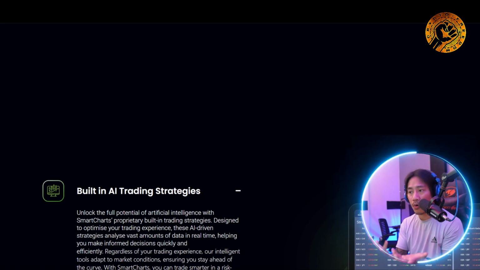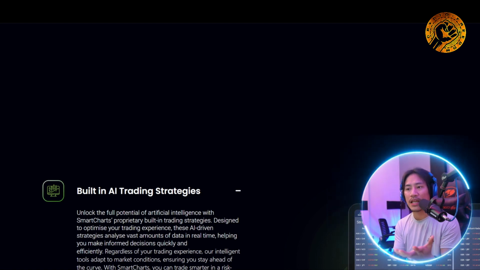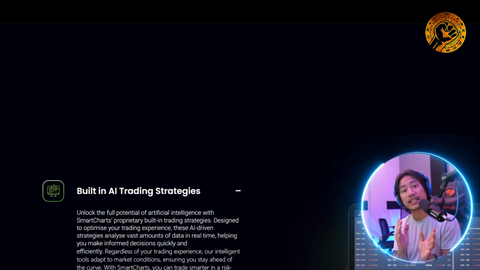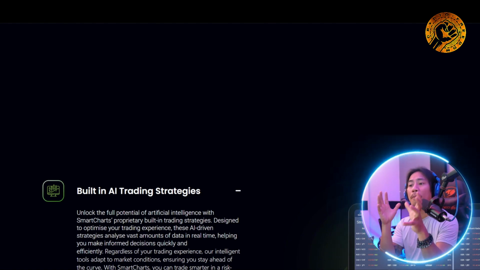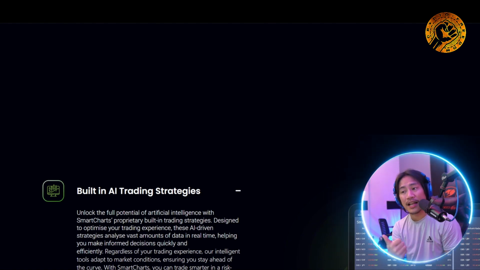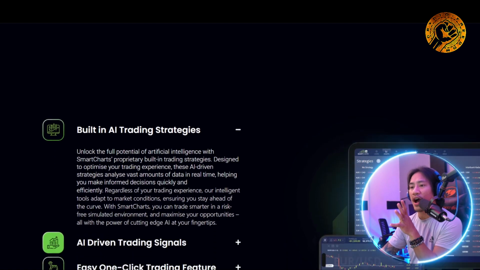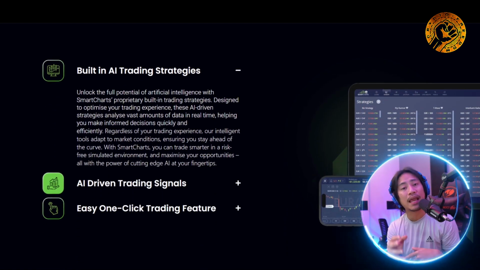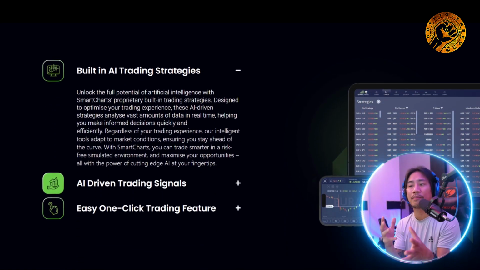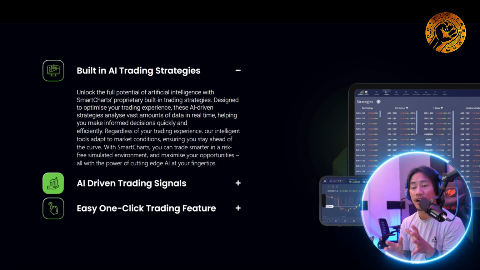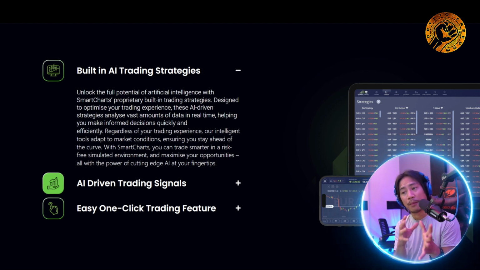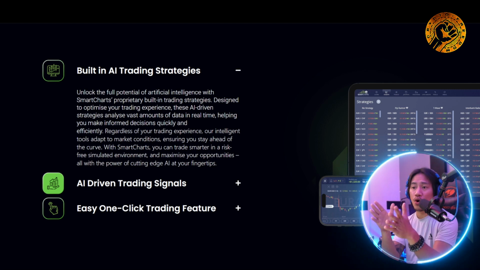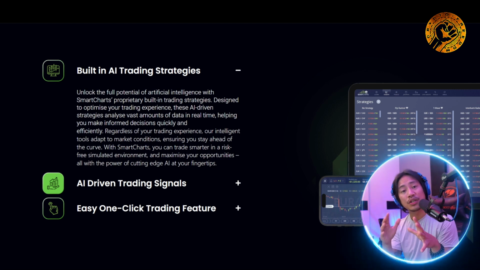A balanced approach also involves combining both analyses. For instance, a trader might use technical indicators to identify a bullish setup and confirm the trade by checking the economic calendar for supporting fundamental factors. Those are the top things that you need to look at.